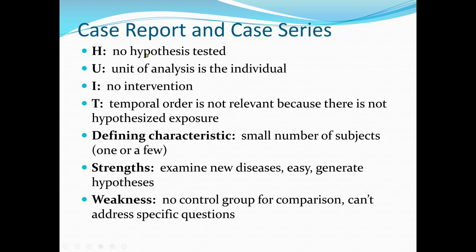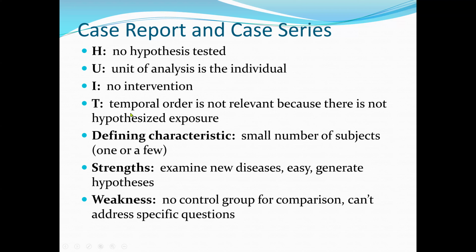Before we have any treatment option, we have to know the relationship between the variables, in this case the exposure and outcome, or the risk factors and the disease. If the risk factors cause the disease, then we may come up with a program of intervention or treatment. Since there's no hypothesis testing, there's also no intervention.